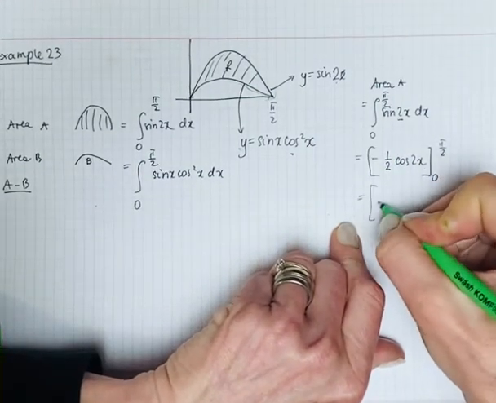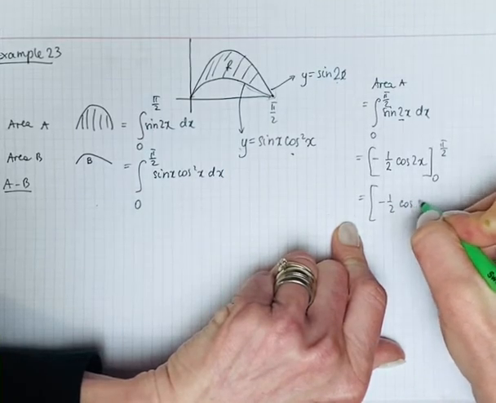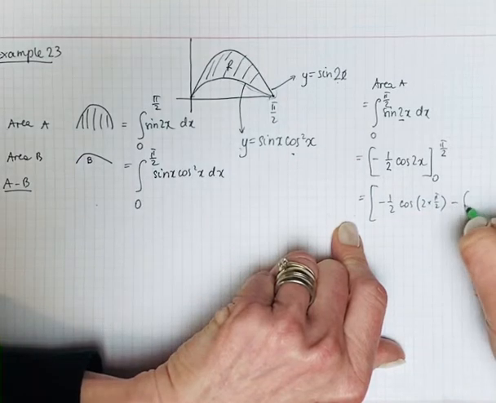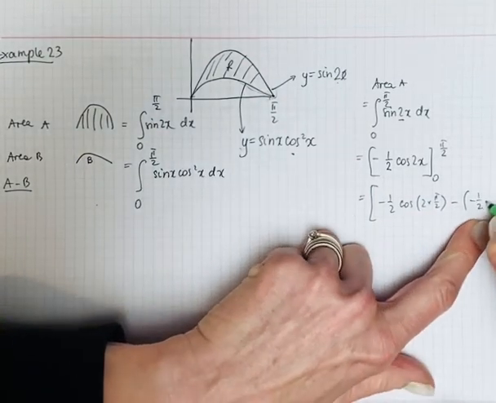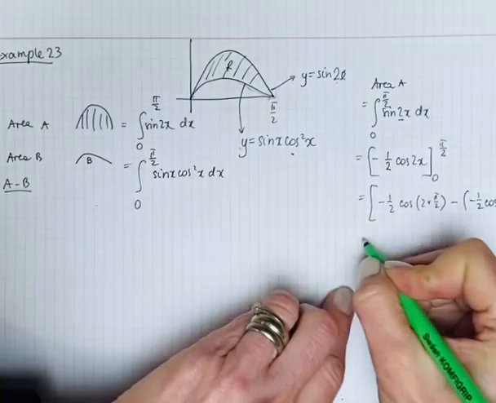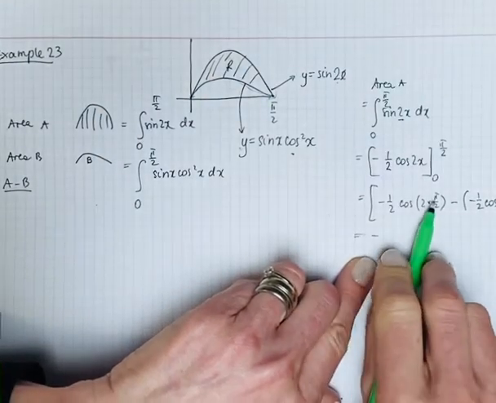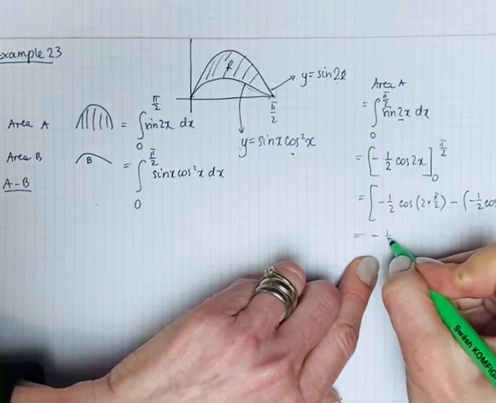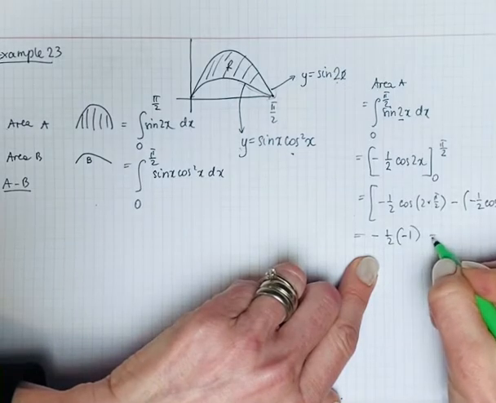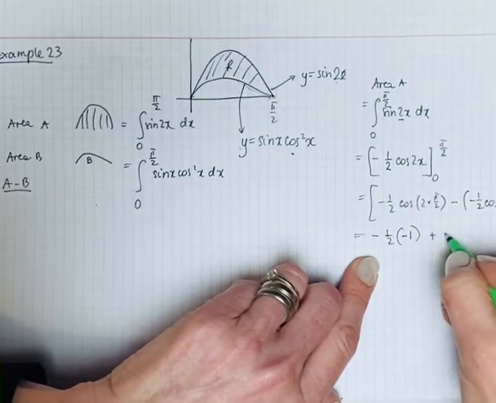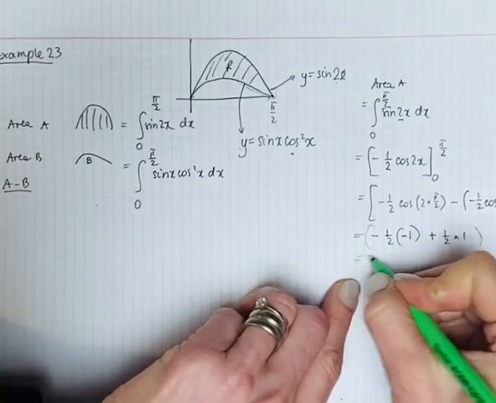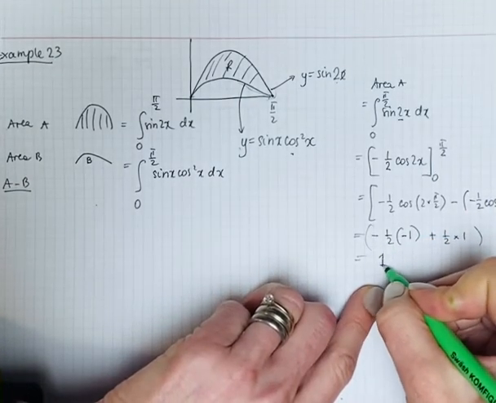So you're going to have minus a half cos of 2 lots of pi over 2 minus minus a half of cos 0. So it's minus cos pi is minus 1 plus a half times 1. So it's a half plus a half, which is 1.